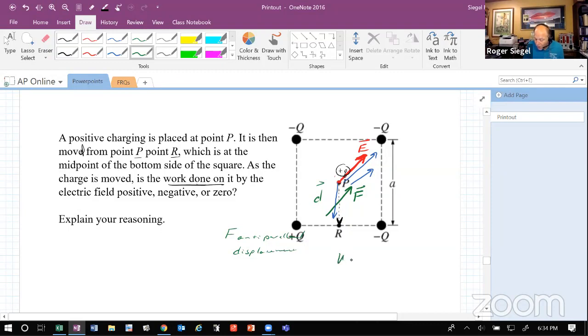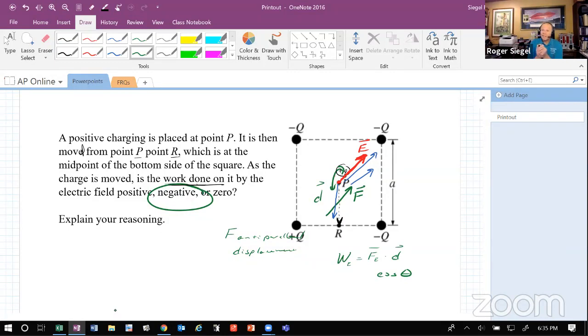So work done by the electric field is the electric force dotted with the displacement. That dot is cosine theta. So if these are about 180 degrees, or if they go in opposite directions, that means the cosine is negative. So it means that the electric field has done negative work on this charge.